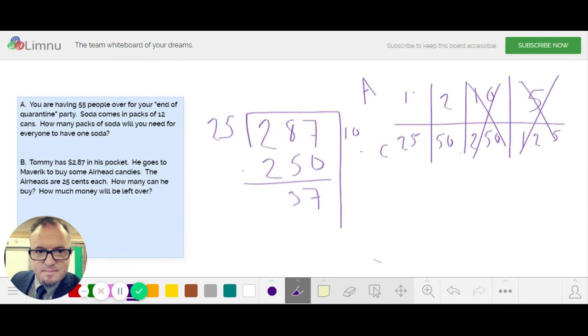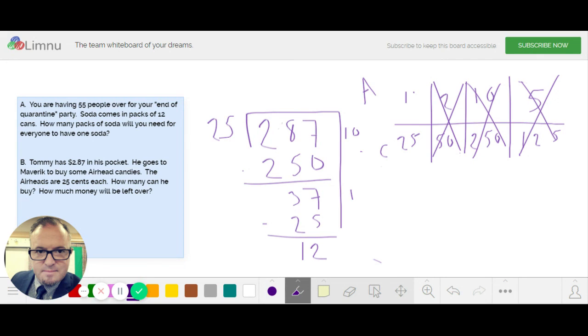This is now too big. So we'll eliminate those. Two more Airheads is too much also, so we'll get rid of that. That only leaves him money enough to buy 1 more Airhead. So we'll put that down there, and we will subtract 25. And that leaves us with a total of 12 cents.